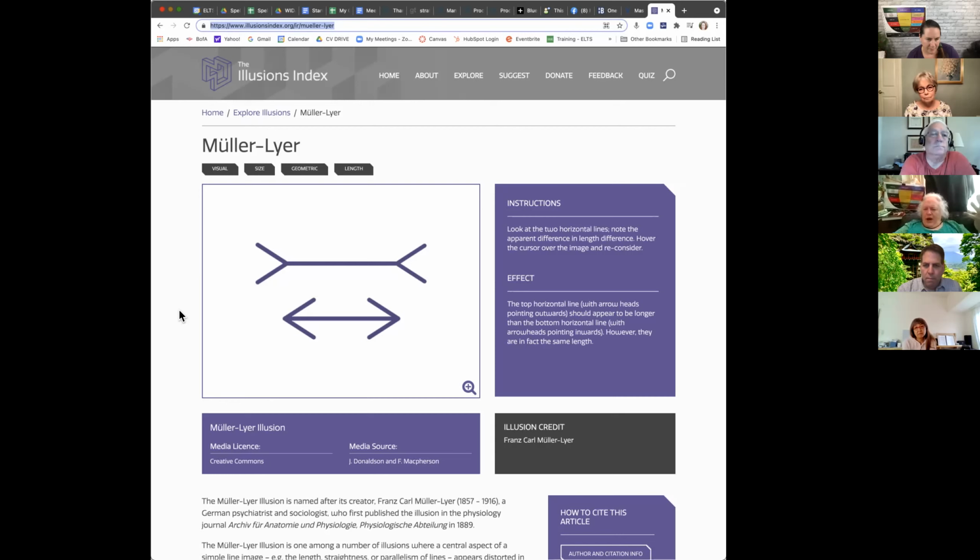So the question is, why is it that we perceive these differently? And the claim is that this top one looks like a corner in perspective, and so we're used to seeing on our retina square buildings with corners and rooms with corners that look like this, in which this wall is longer or the same distance as these.